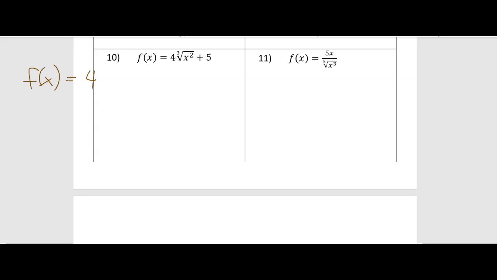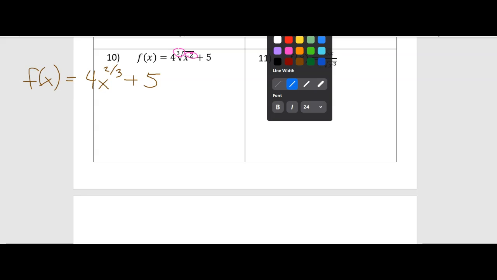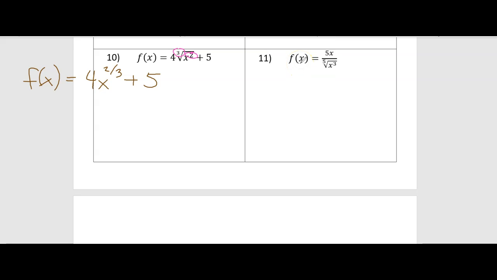So I get 4 times x to the 2/3 power plus 5. Now if you're unsure of how I did that, this index here, this 3, goes in the denominator of our exponent, and the power on x stays in the numerator. So once we've done that, we can then go ahead and take the derivative.